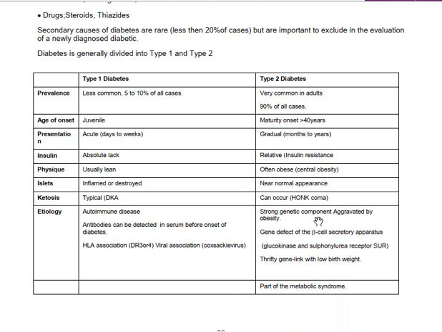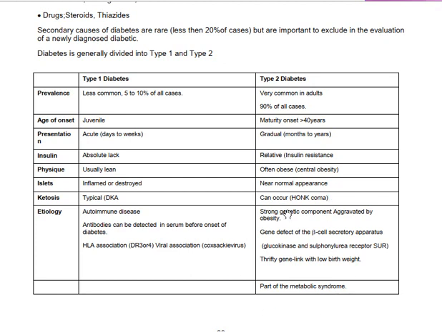Now, here in type 2 diabetes, it has a very strong genetic component, and it's going to be aggravated by obesity. Is it clear? So that's why usually the genetic component is shared with what is called metabolic syndrome or syndrome X. And that syndrome X is shared with 5 things. The first is hyperglycemia, the second is central obesity, the third is hypertension, the fourth is hyperuricemia, and the fifth is hypercholesterolemia.